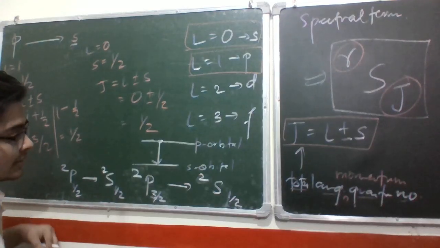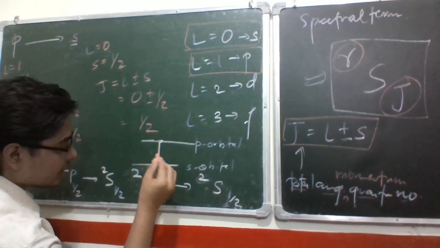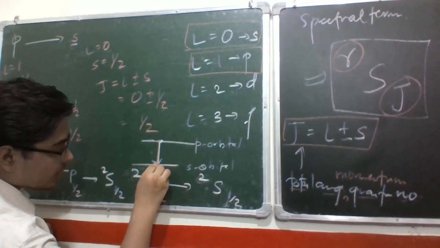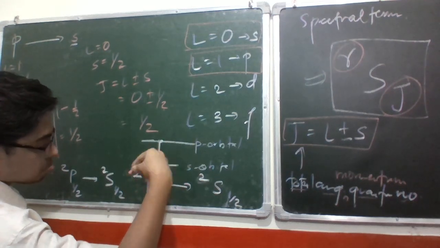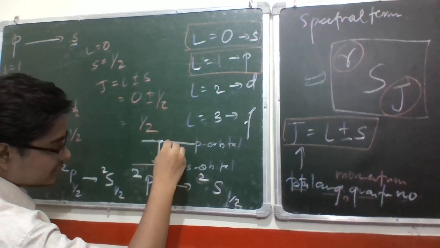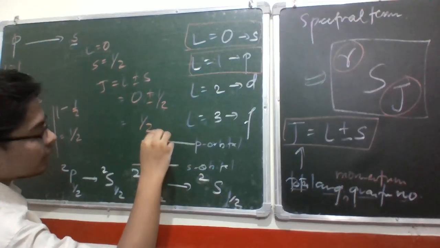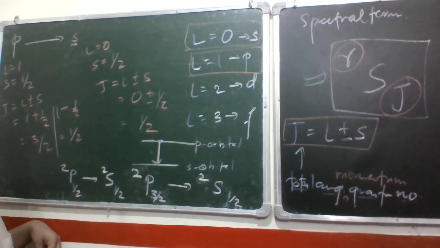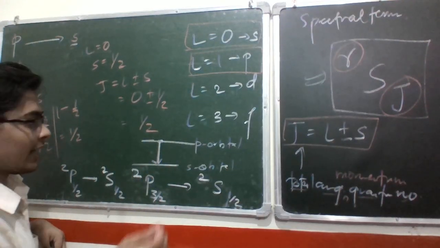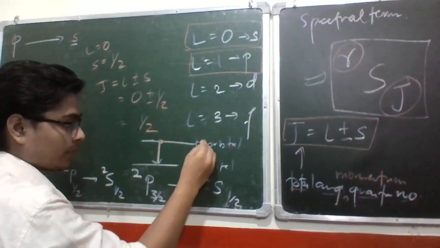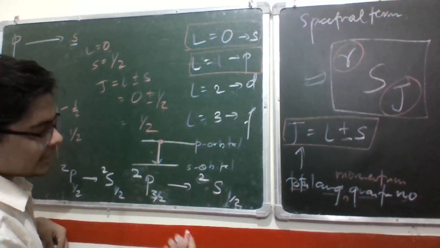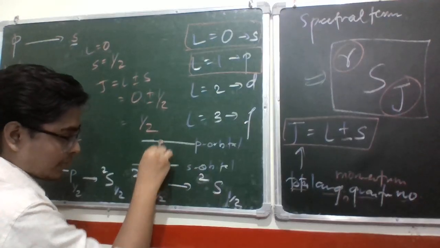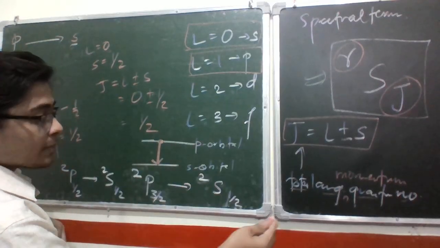So this spectral line actually is split into two spectral lines. What does it mean? It means that an electron coming from the p orbital to the s orbital will give us two lines, or we can say this spectral line would split into two spectral lines.